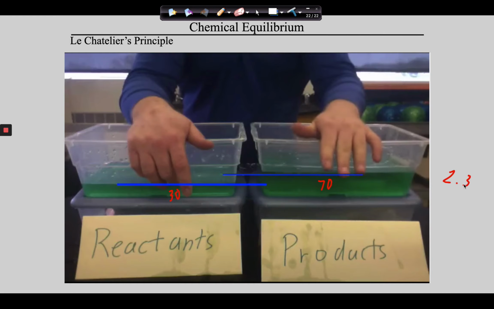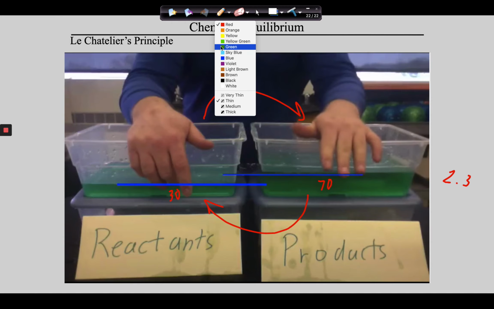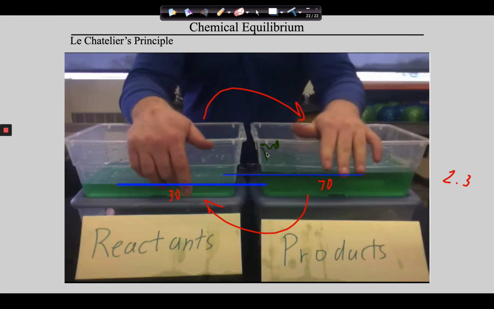Now, here's the thing that's interesting about Le Chatelier's principle. We know that if we continued to move these forward and back, that wouldn't change. But what about this? What if we came along and dumped in a bunch more water into the product side of this reaction, and then we started scooping again?